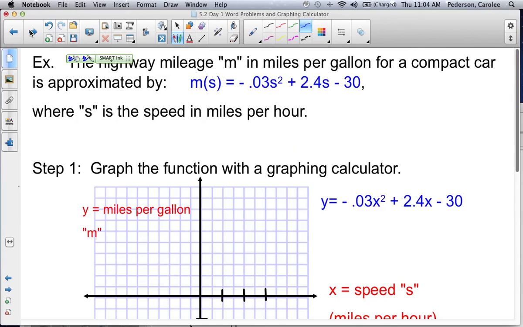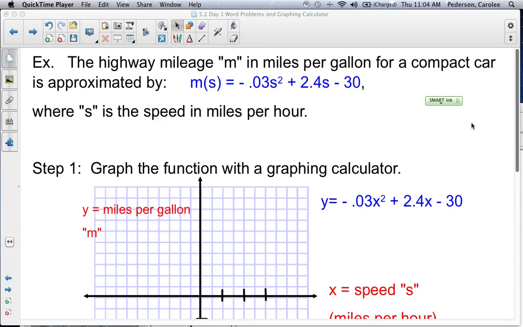The next slide is a word problem. Go ahead and give yourself some time to write that down. Highway mileage M in miles per gallon for a compact car is approximately M of S equals -0.03 S squared plus 2.4 S minus 30, where M is your miles per gallon and S is your speed in miles per hour.